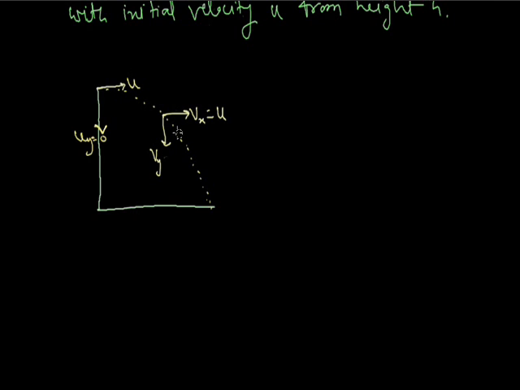So v_x and v_y are the components of v, and if it makes angle alpha with the horizontal, this is the horizontal range covered by the particle during the projectile motion.